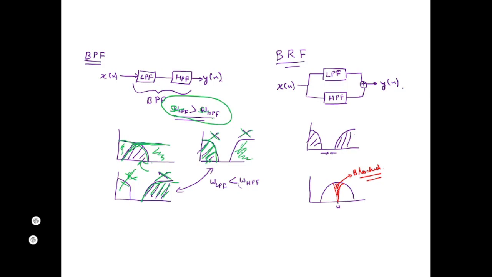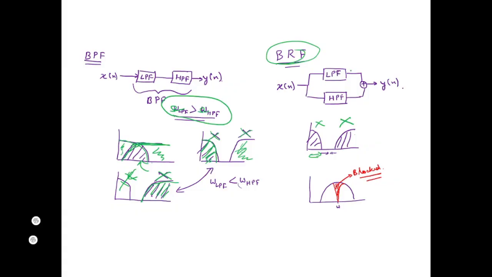On the other hand, when you have the band reject filter, we have two separate combinations. From the low pass filter we have just rejected this band, and from the high pass filter we have just rejected this band. So we need to combine these two.